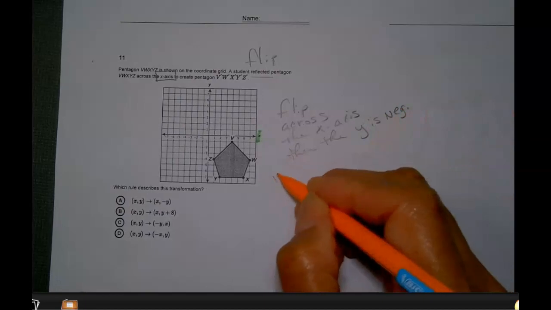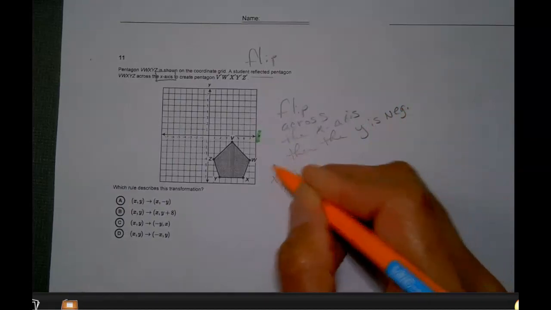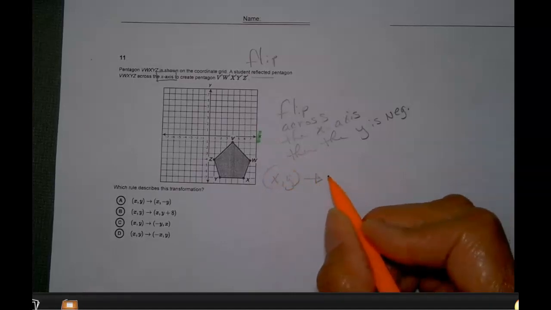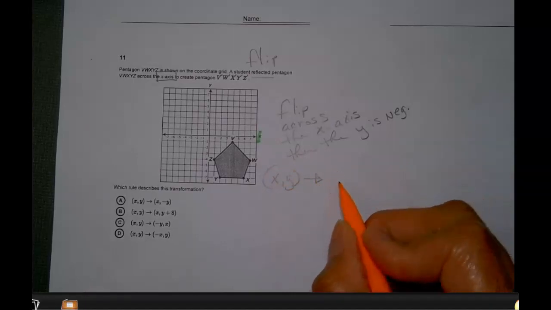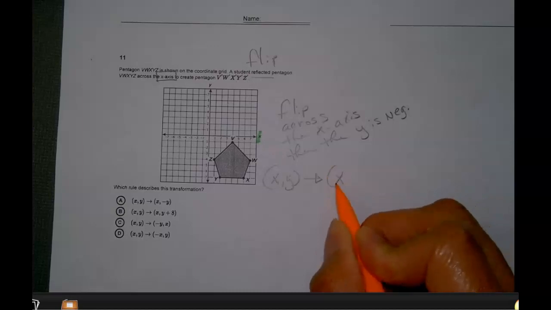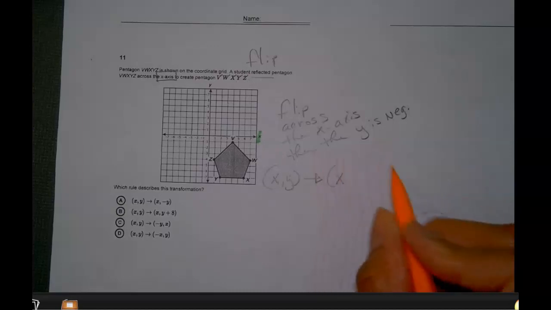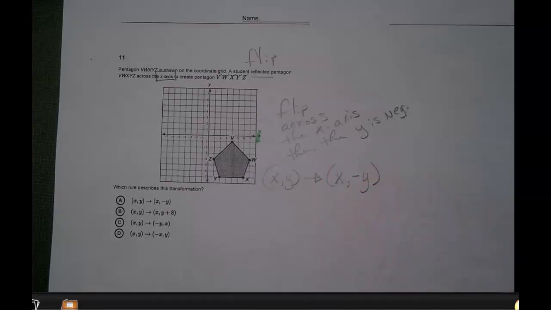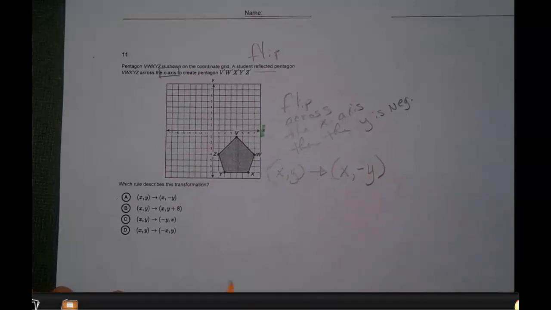So that means that your original is (x, y). But then that means that what happens? Your x stays positive because it flipped over the x, but the y changes to a negative. And when I look at this, I'm going to look at what makes sense.